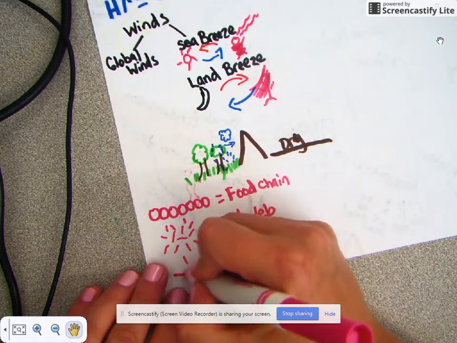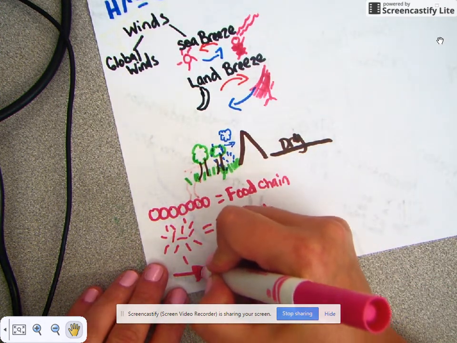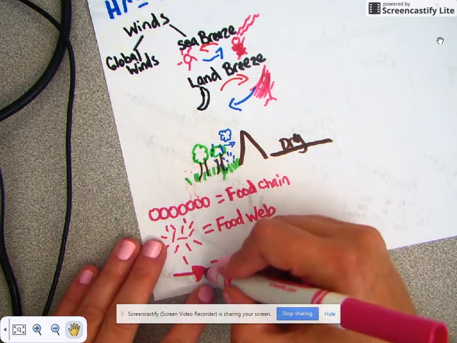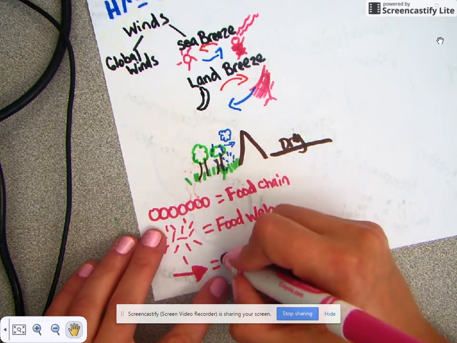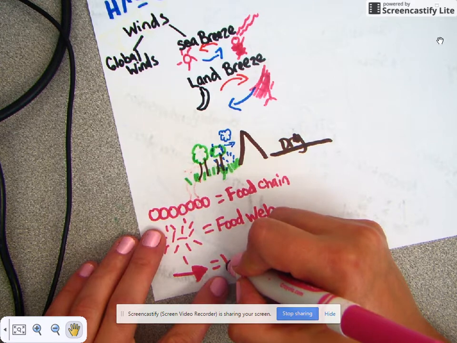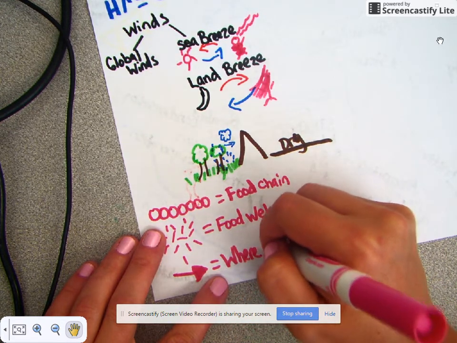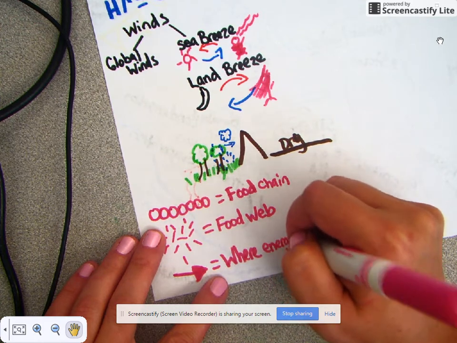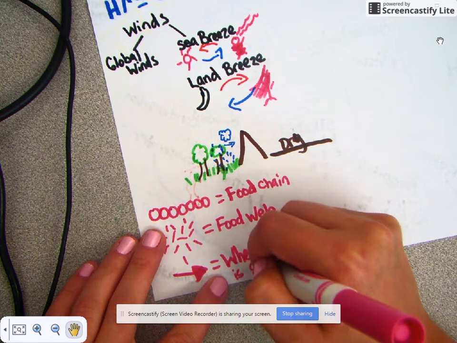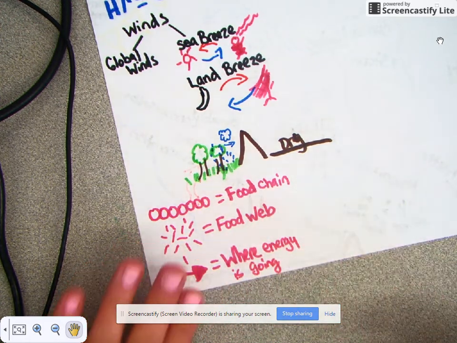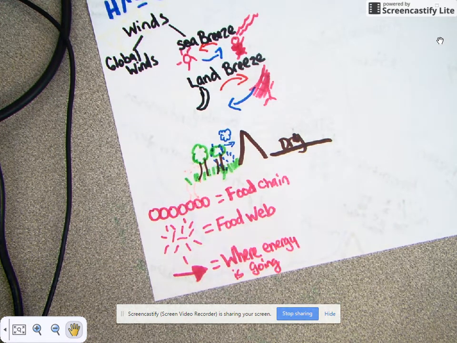I'm going to put an arrow here, because we're going to write that an arrow equals where the energy is going. That's one thing that my group is getting a lot wrong: when you draw an arrow, it has to go into that thing's belly or body.